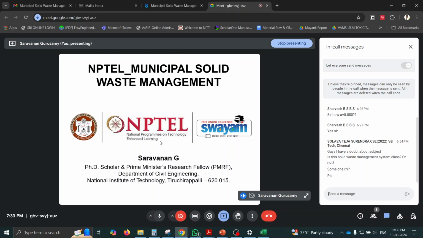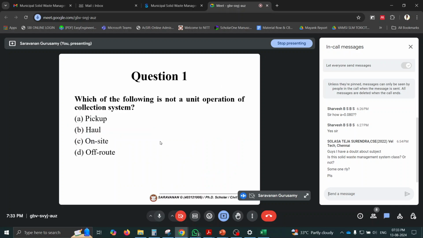If you have the answer, please answer it in the chat box, A, B, C, D, like that. I'll read out the question. Which of the following is not a unit operation of collection system? We have discussed 4 unit operations of collection system. Which is not a unit operation: pick up, haul, on-site, off-route?